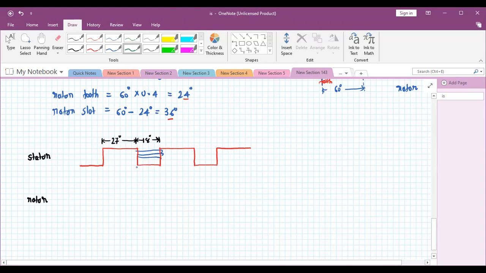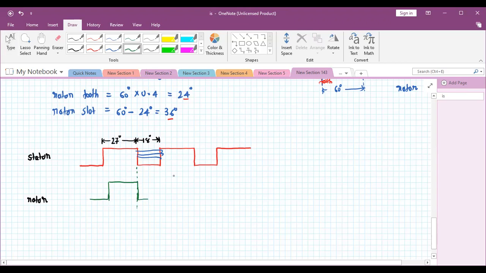First of all, I will draw the rotor tooth.